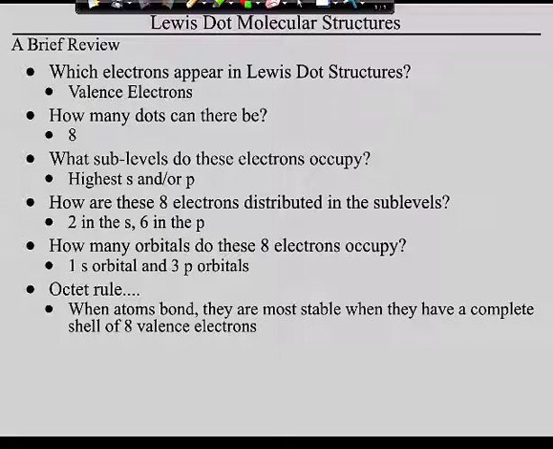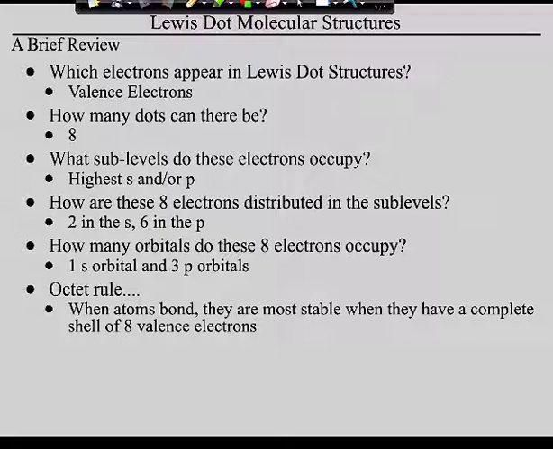This is something you need to know, because you already know the answers to these questions. But if that idea of the octet rule seems a little vague to you, you may want to scratch it down. It's certainly something that I could ask you to talk about and explain. So the octet rule again, guys, says these things want to have 8 valence electrons. So how do they get 8 valence electrons? By bonding, unless you're a noble gas, and then you've already got 8. You okay? Can I go on?